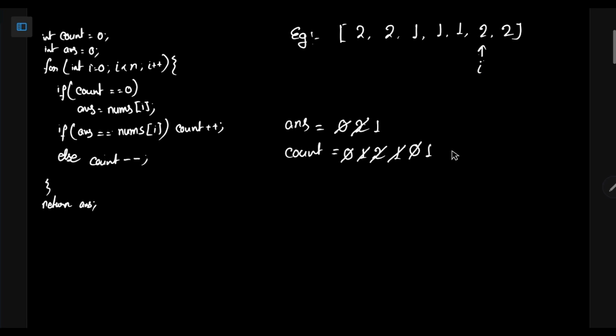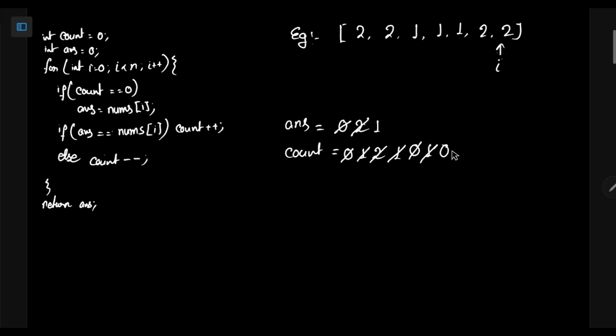Now it will check count 0, no, answer is equal to nums of I, no, then count will decrement, so count will be 0, and I will shift here.